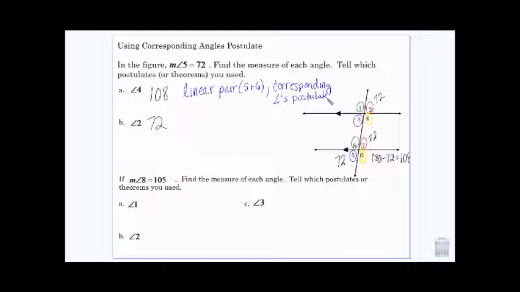For number 2, I first used vertical angles. That was 5 and 7, and then the corresponding. Questions on that at all?